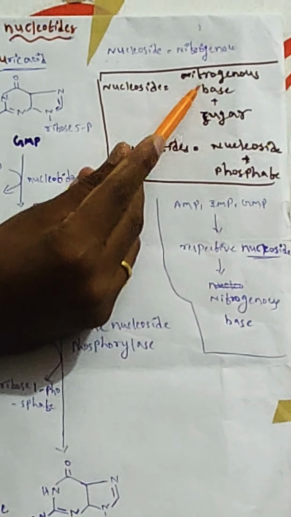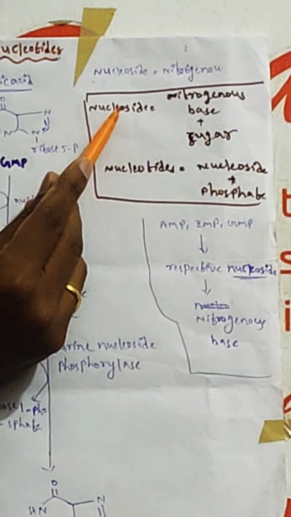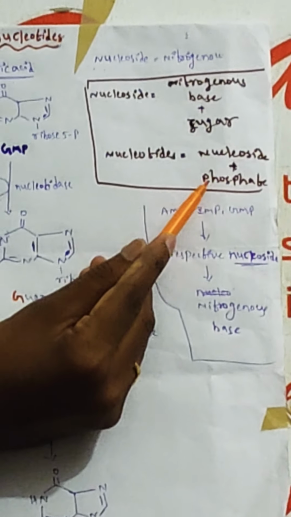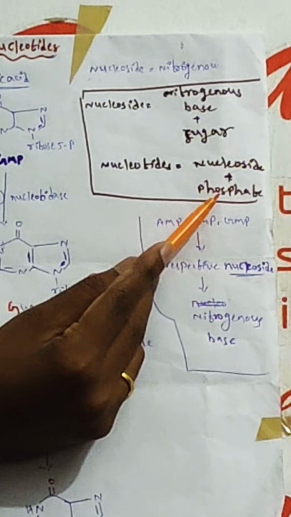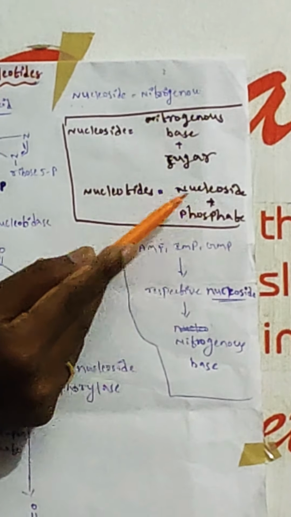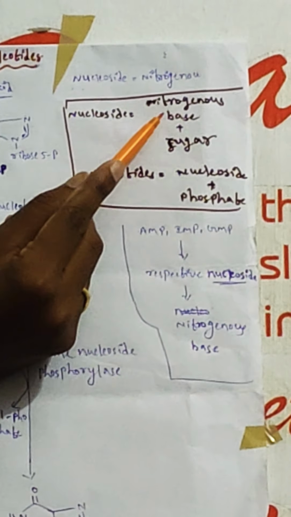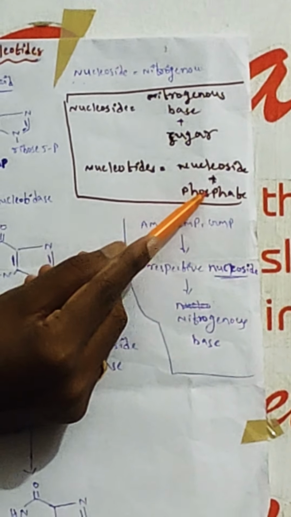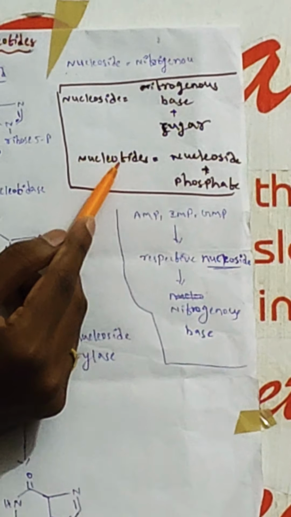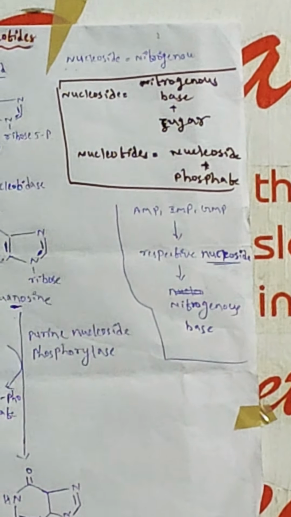A nucleotide is nothing but nucleoside plus phosphate. So a nucleotide is nitrogenous base, sugar and phosphate, all three in combination. Keep that in mind.